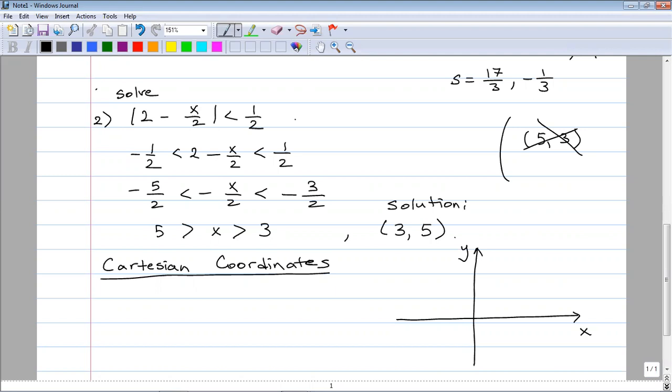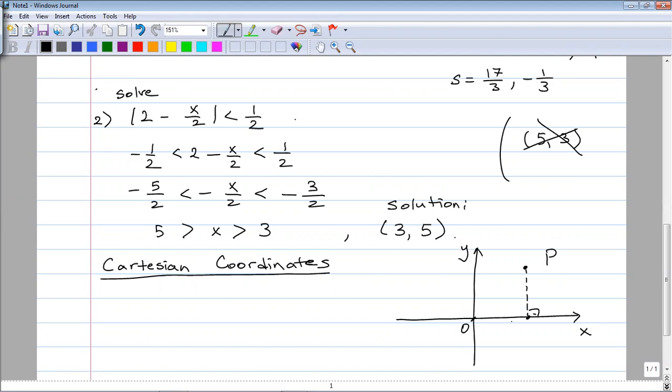So if you have a point P in the plane, we have the number lines. The intersection point of the number lines, we take it to correspond to the value 0, both on the x-axis and on the y-axis. Then when you have a point P in the plane, you draw a perpendicular to the x-axis.